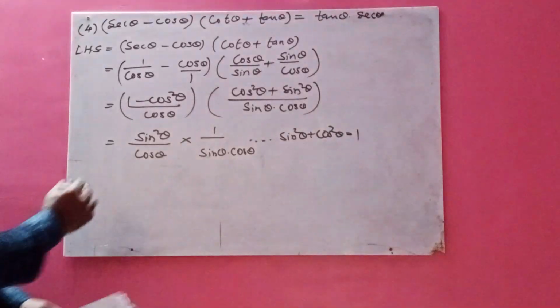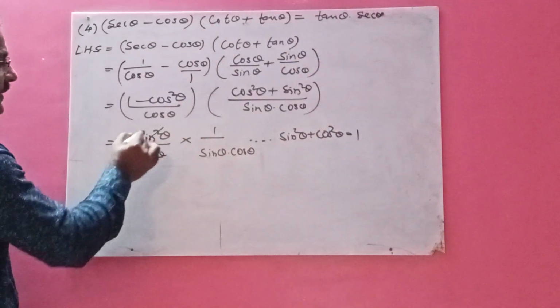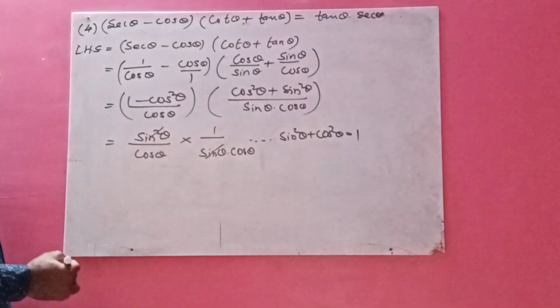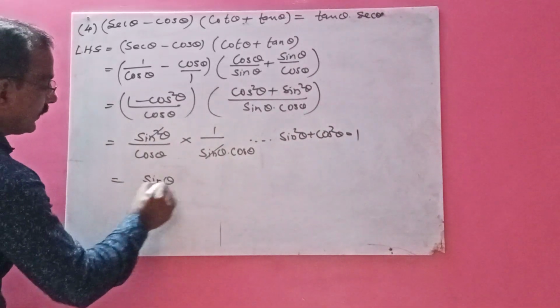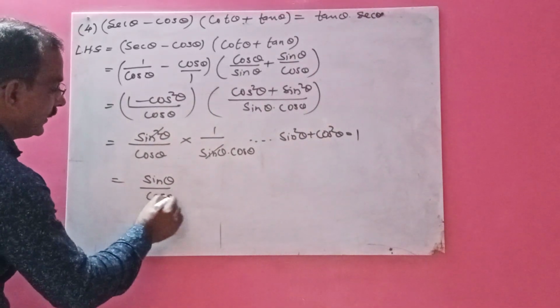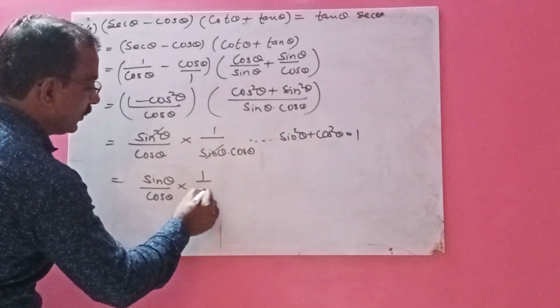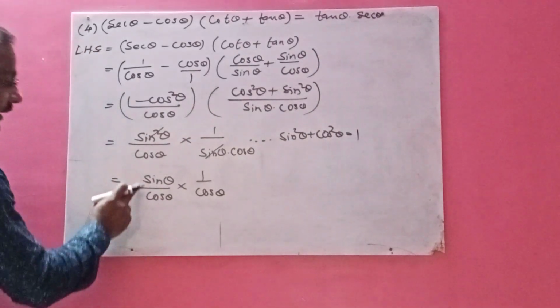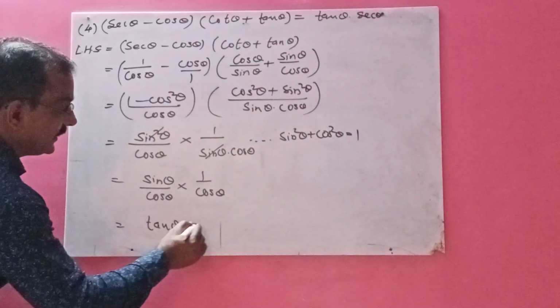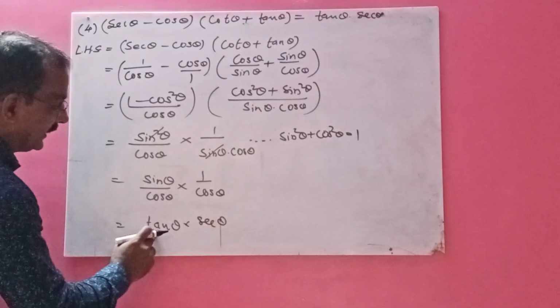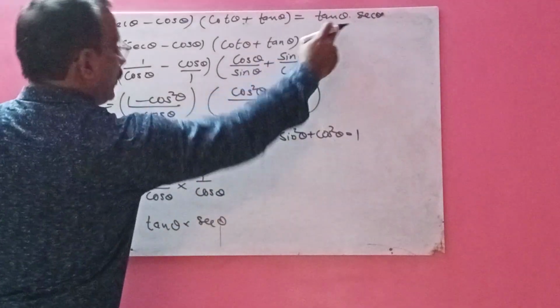Now here one sin from this gets cancelled by this. So what is remaining? Sin theta upon cos theta into 1 upon cos theta. Now children, you know sin upon cos is what? Tan theta. And this is sec theta. See, tan theta into sec theta, your right hand side.